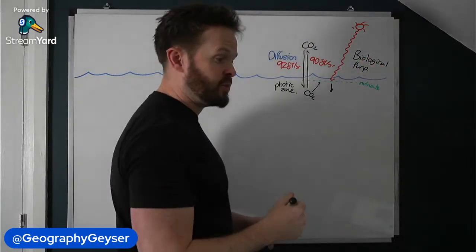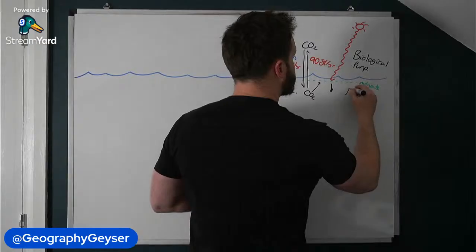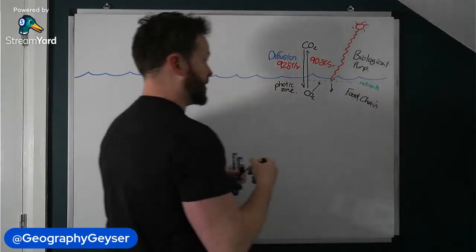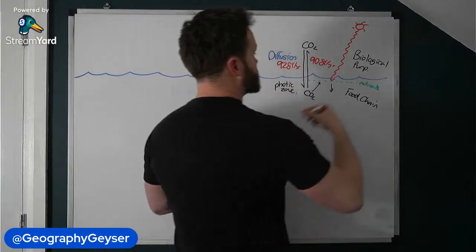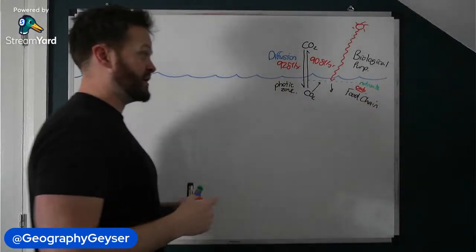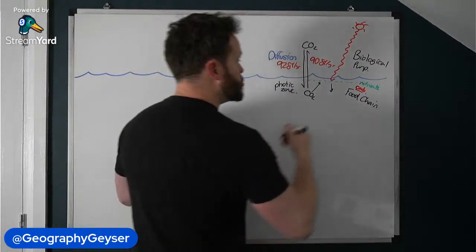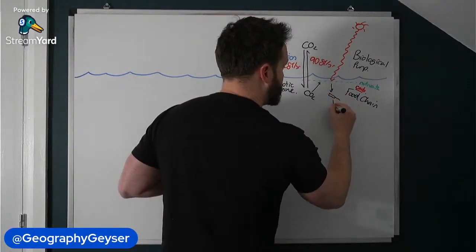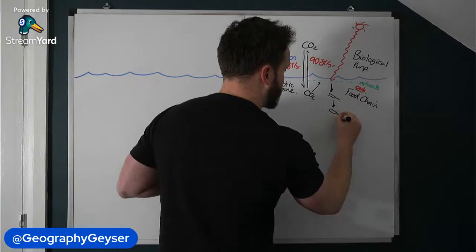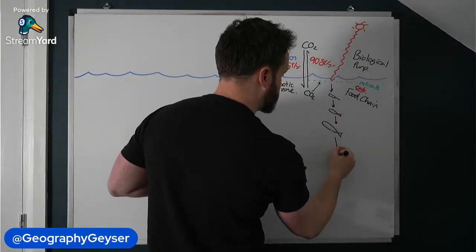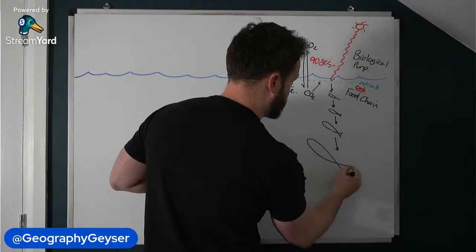Now, your biological pump is essentially the food chain. So once it's in the phytoplankton, and that will usually be stored in the form of carbohydrates, just as it would be in vegetation, it then moves through into your zooplankton, which then are eaten by small fish, which are then eaten by larger fish, which are then eaten by even larger fish.